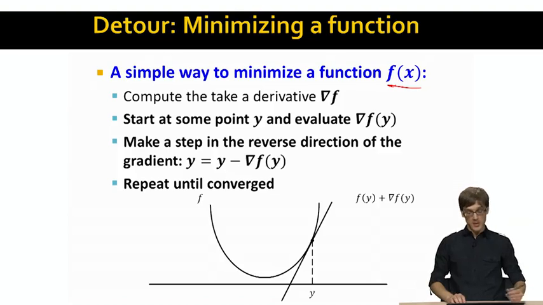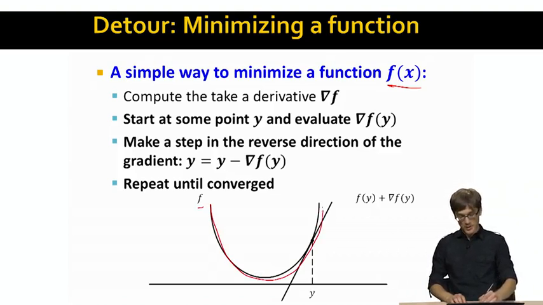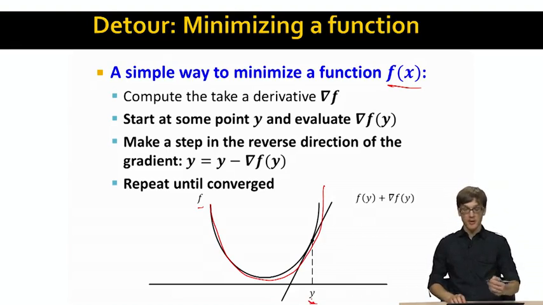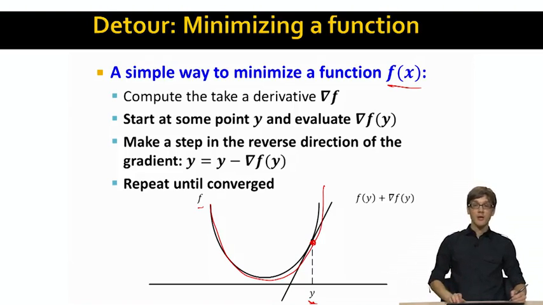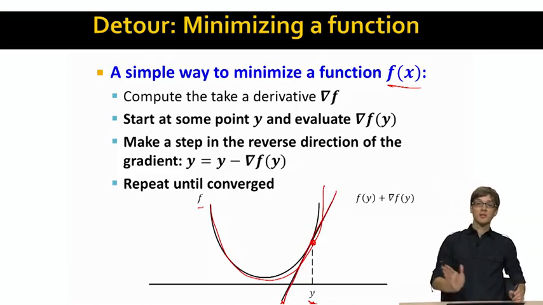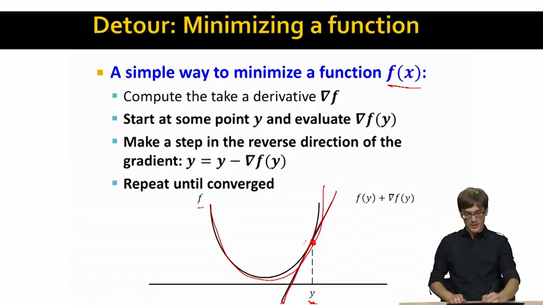So the idea is basically if I have some function f that has some given shape, and I want to find the minimum of this function, I would start at some arbitrary random point, let's call it y. I would evaluate the gradient at that point y. It basically means that I would compute the slope of that function at that given point, and then I would make a small step in the reverse direction of the slope.